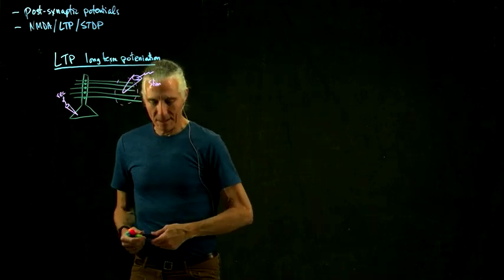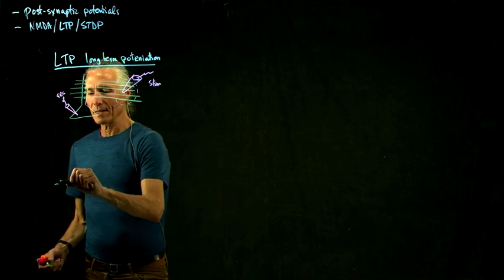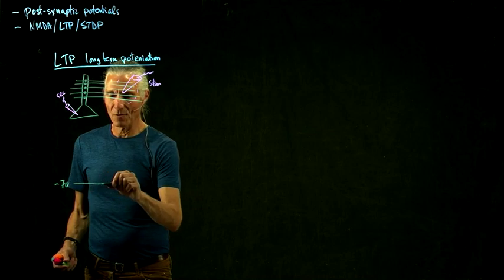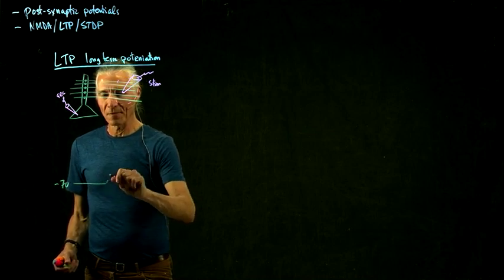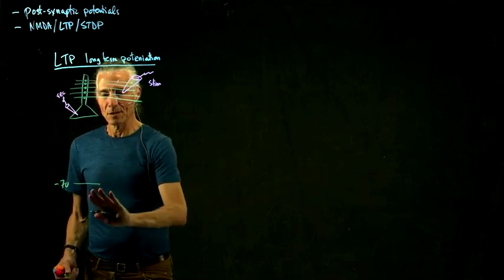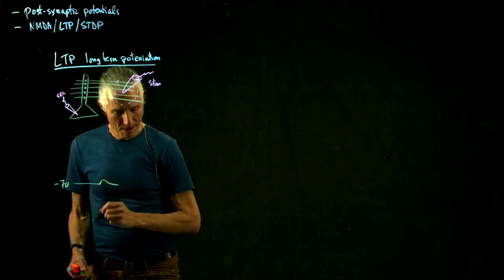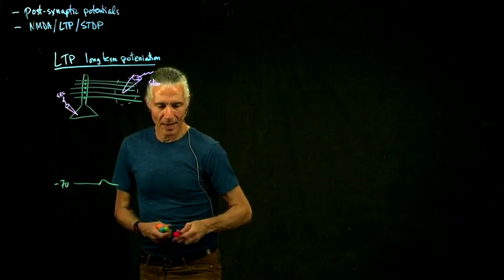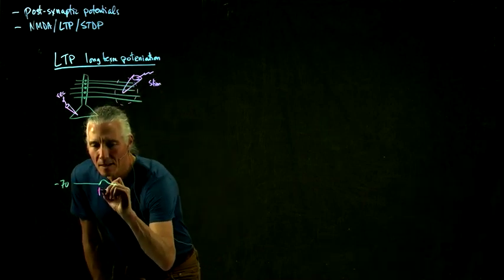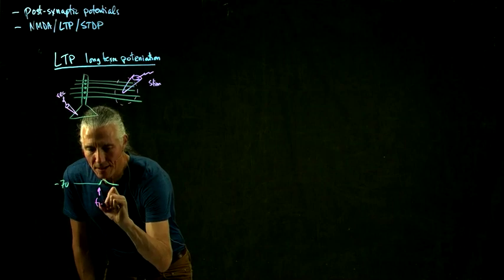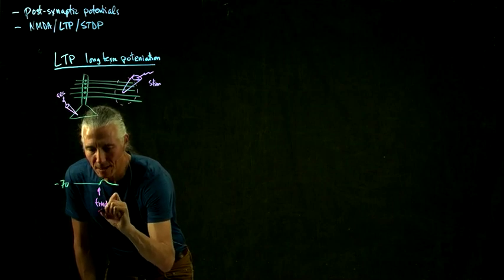It's simply start at -70 and then do a fixed small stim. So what are we doing here? We're taking the stimulating electrode and doing a fixed amount of stimulation, a small stim.